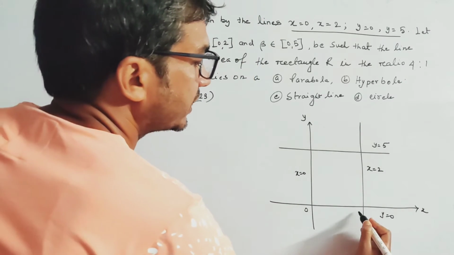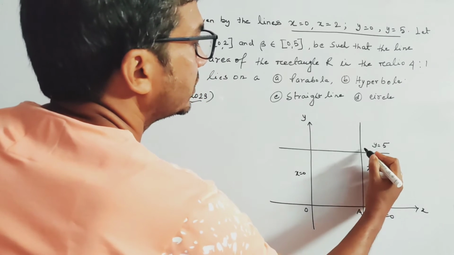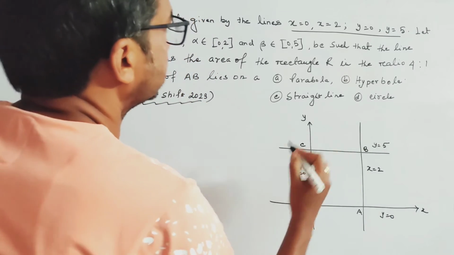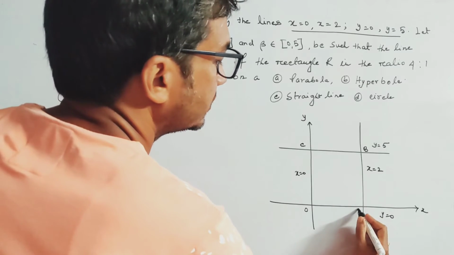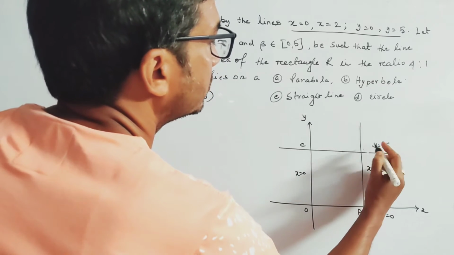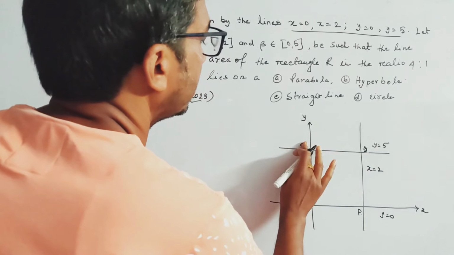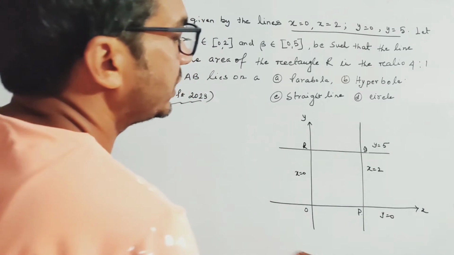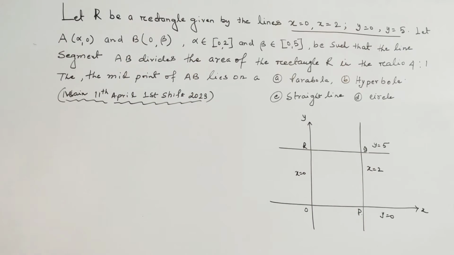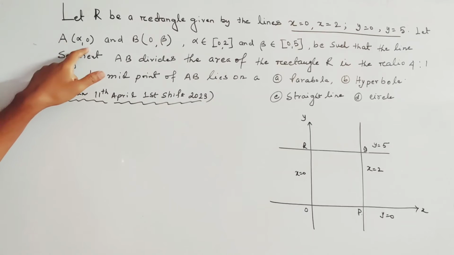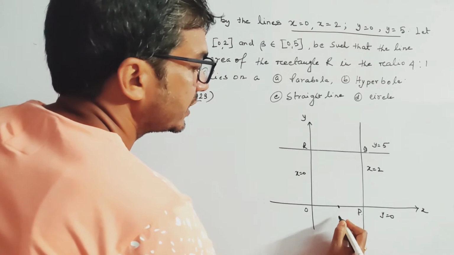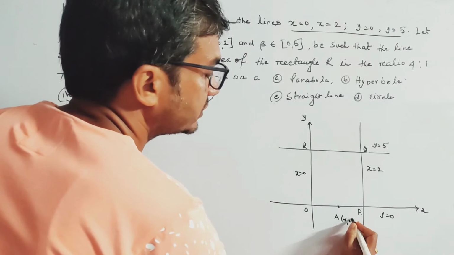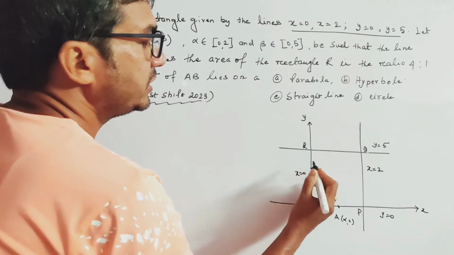The name of the rectangle is OPQR. Here A is (alpha, 0) and B is (0, beta). This is A (alpha, 0) and this is B.